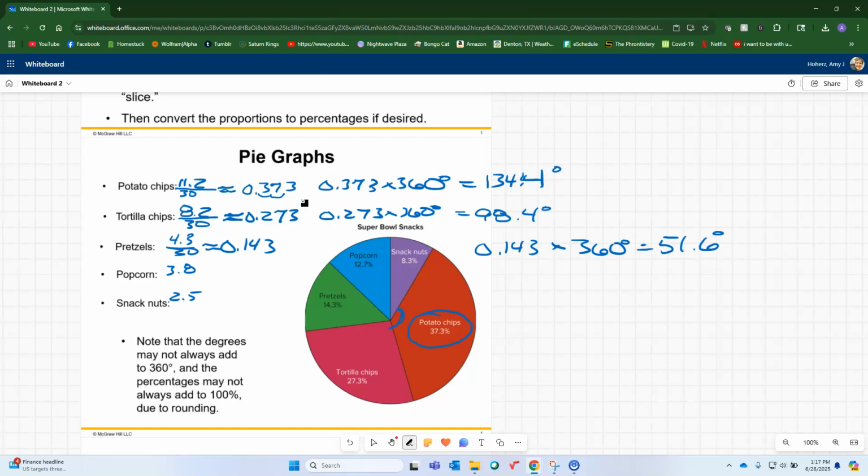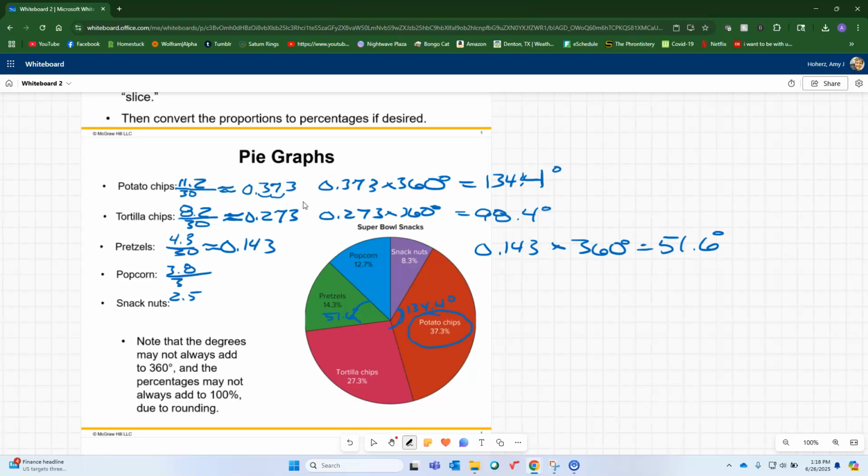And again, what we're saying is if I was measuring this with a protractor, the pretzels right here would be 51.6 degrees of the entire 360 degrees. The potato chips would be 134.4 degrees of the entire 360. Tortilla chips would be 98.4 and so on.